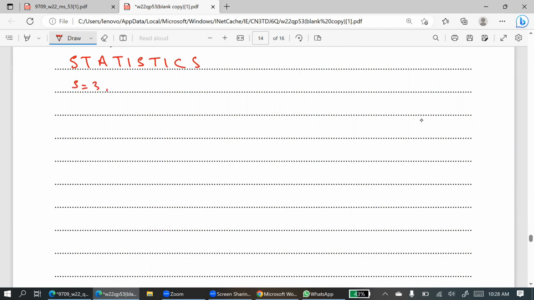There are 3 S, 3 T's, and 2 I's. We want to find out the probability that the 2 I's are together. First of all, we will find out all the outcomes in which 2 I's are together. These are total 10 letters.